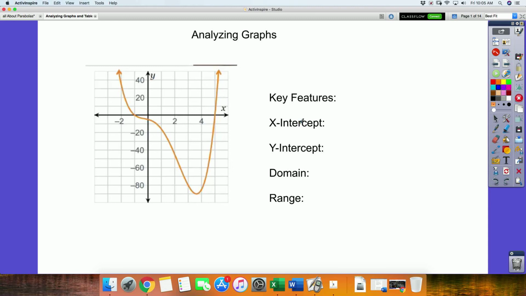The first key feature that we want is the x-intercept. Now if you think of the word intercept, like in football, intercept is where the football player crosses paths with the ball on its way to somebody else. So the x-intercept is going to be the points where the graph crosses the x-axis on its path to somewhere else.